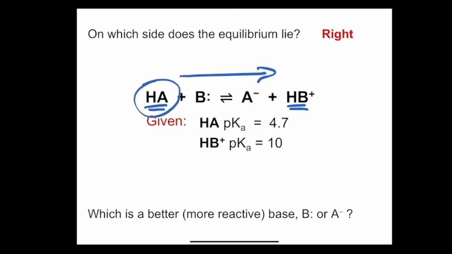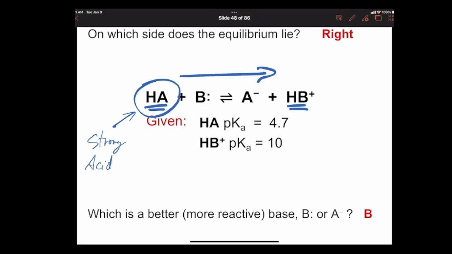Also on the right. The side of the equilibrium you move away from, conservatively, what we're saying is, we've got these two species as a relative structure. If this is my strong acid, then the other species here must be my stronger base.